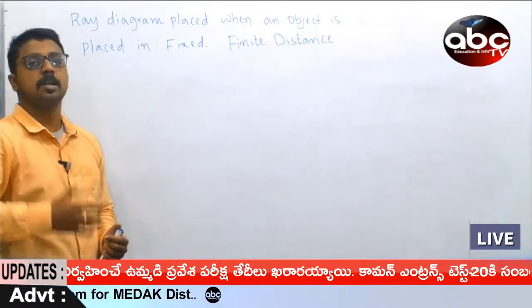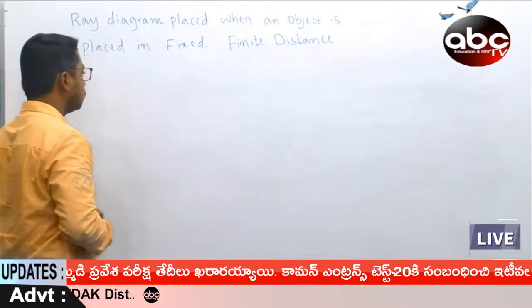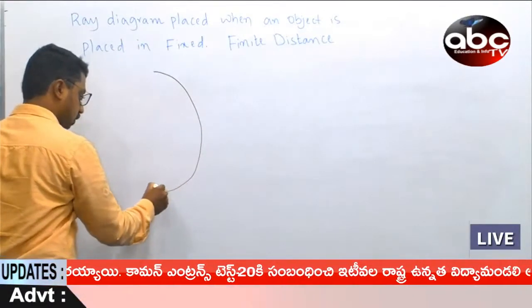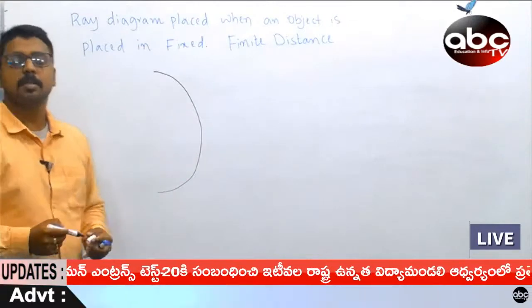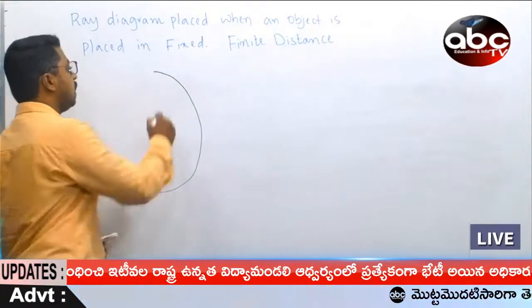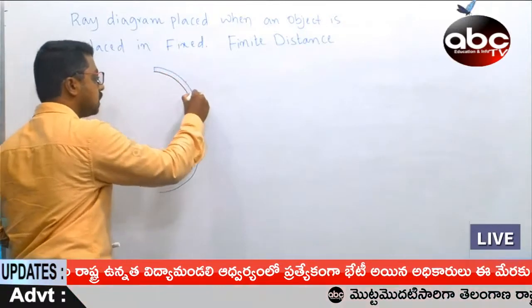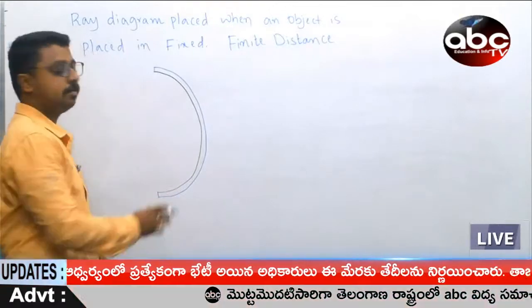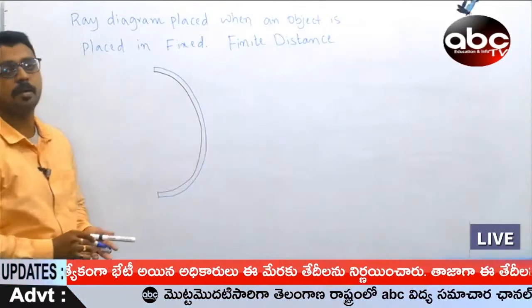Let us first draw the diagram. So let us take this as a convex surface, which is nothing but, I am making it highlighted, that this is the active side of a mirror. This side is the active side of a mirror.